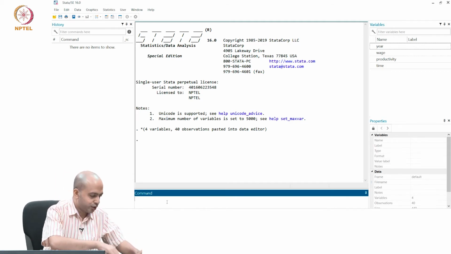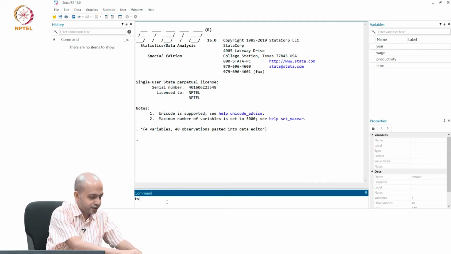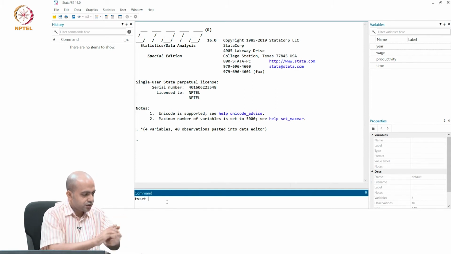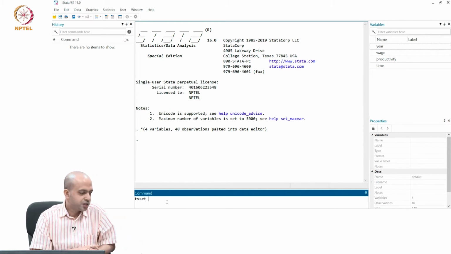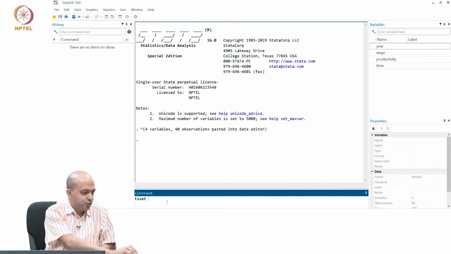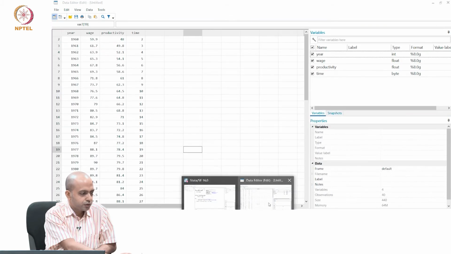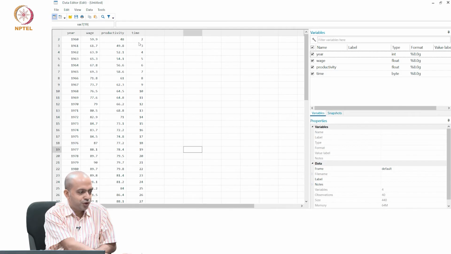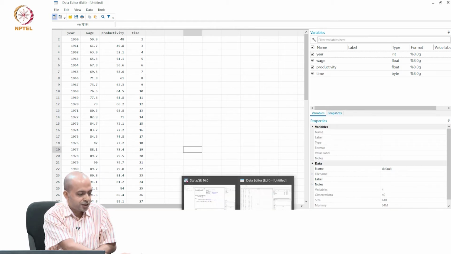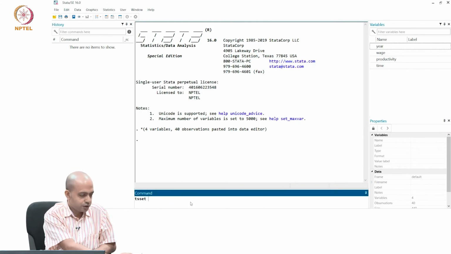And there is a small command. What is that command? The command is tsset. Tsset means time series set. So you have to specify what your time variable is here. I have created the time variable as time only, and time starts from 1, 2, 3 like that. Otherwise, you can put year also. Year is your time variable. Either tsset year or tsset time, both will work.